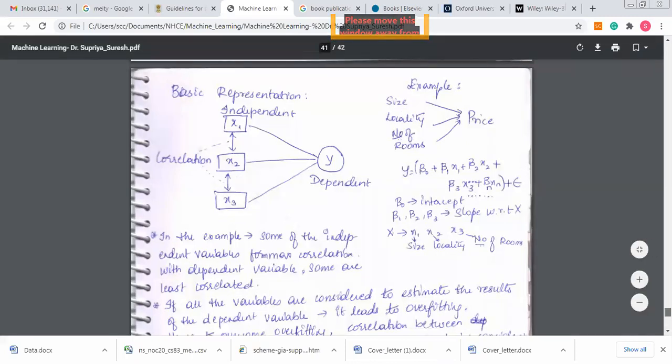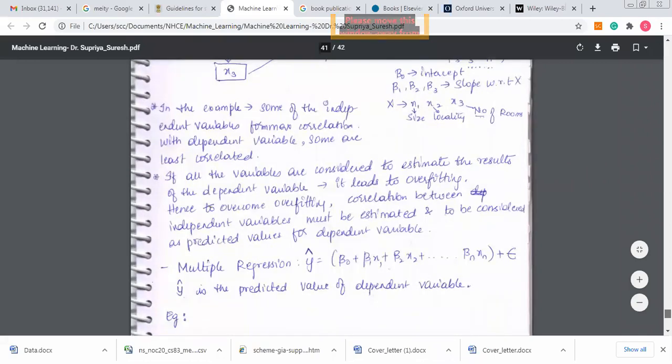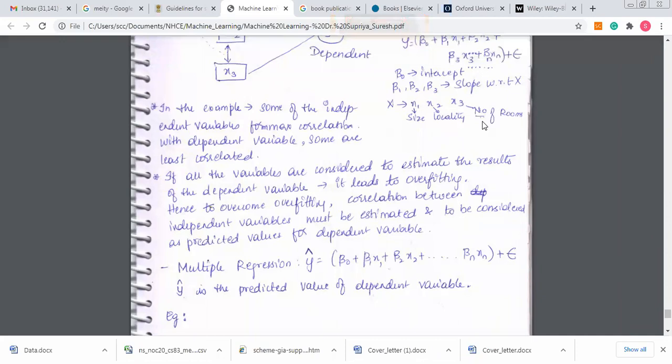So what are we telling here? If all of the variables are considered, the computation increases. If all the variables are considered to estimate the results of the dependent variable, it leads to overfitting. As I told you, there are two main important points: one is multicollinearity, and the other is overfitting. If I consider all of these parameters, I know amenities remain constant, or amenities do not impact the price much, so I can keep that.